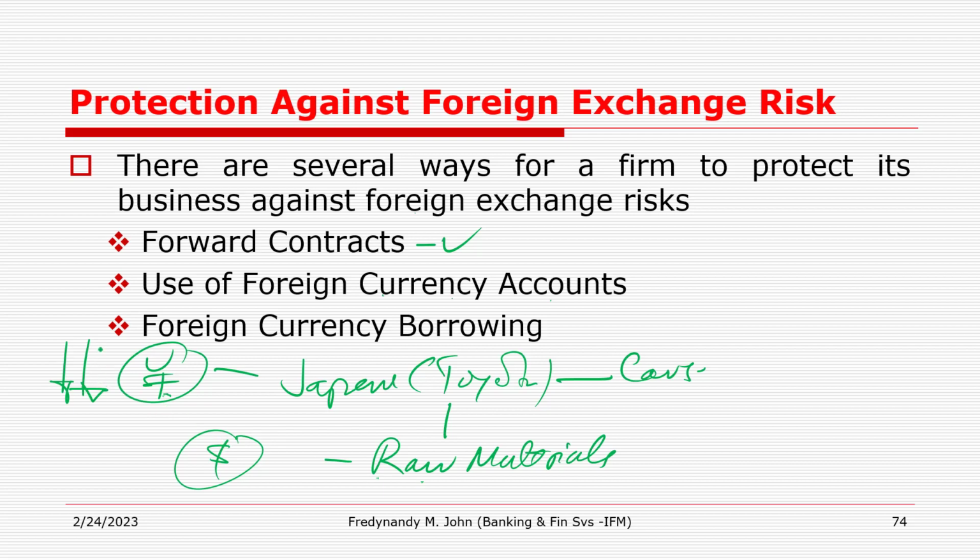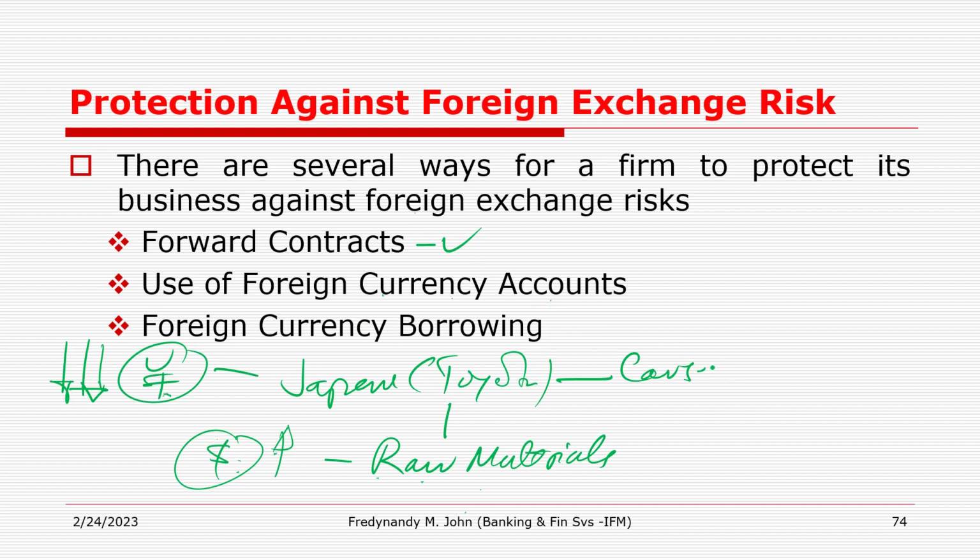Now, since the value of the Japanese yen has declined, it means the exchange rate of the Japanese yen has depreciated, while foreign currencies such as the USD have appreciated. So you need a lot of Japanese yen in order to acquire the USD so that you can purchase raw materials. Now, what is the technique that the Japanese manufacturers or exporters use?